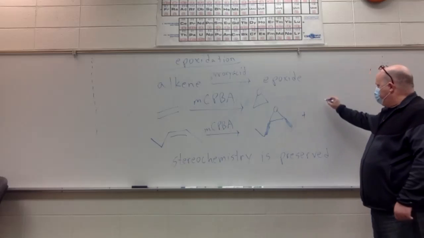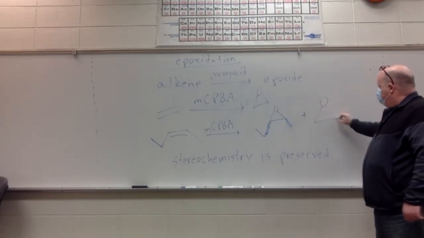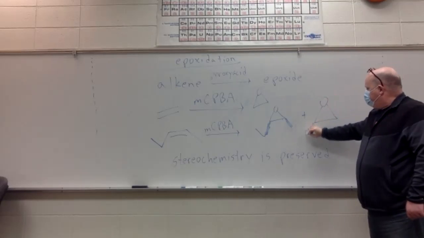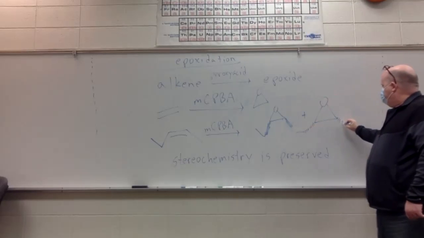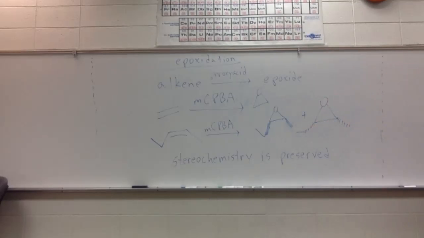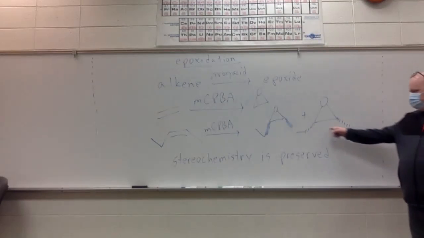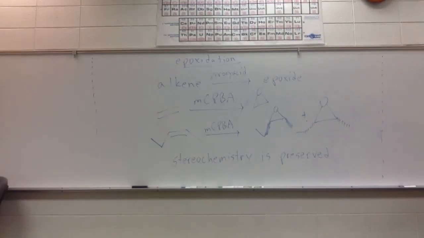However, don't forget, you can also get a mixture here, because you could have that as well. I think you would find those are two different molecules. These two are not identical, right?